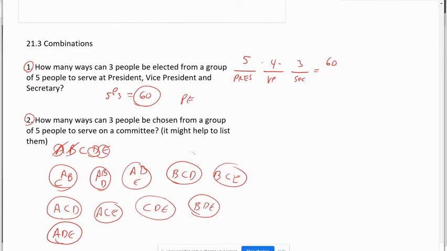So for permutations, the order matters. When we change the order, that changes the permutation. And for combinations, the order doesn't matter. Picking 3 people, it doesn't matter what order we pick them in.